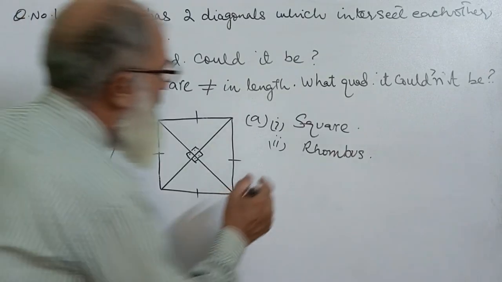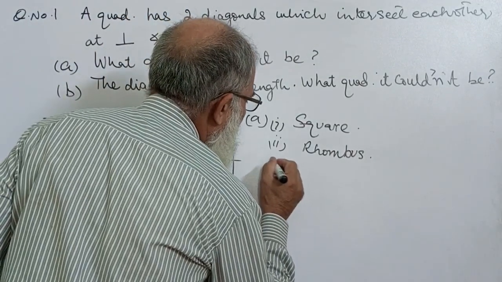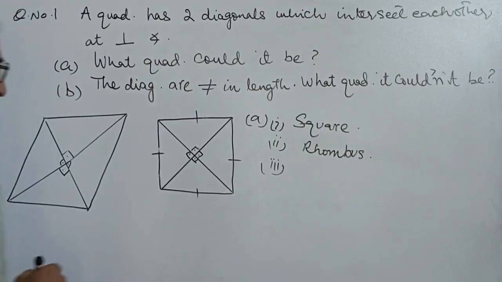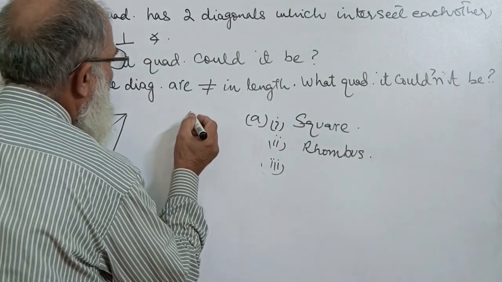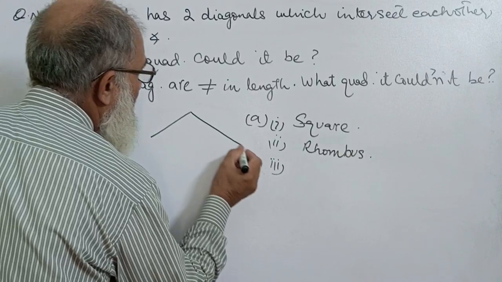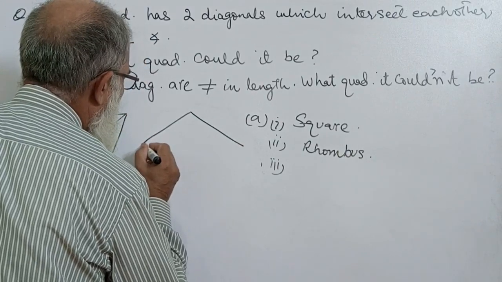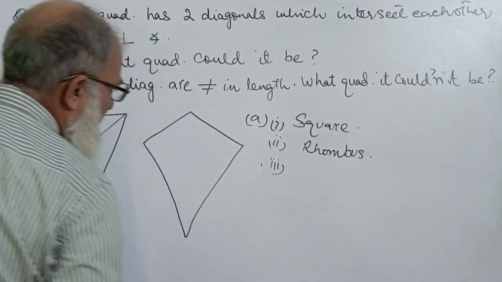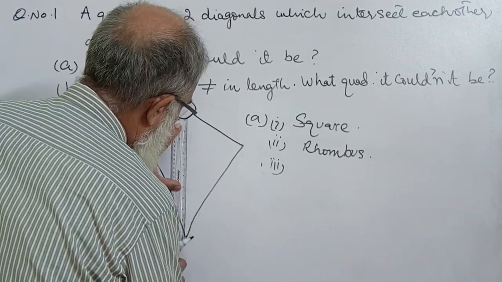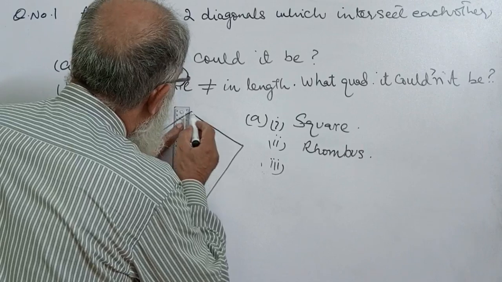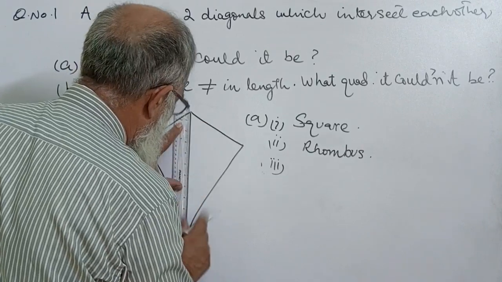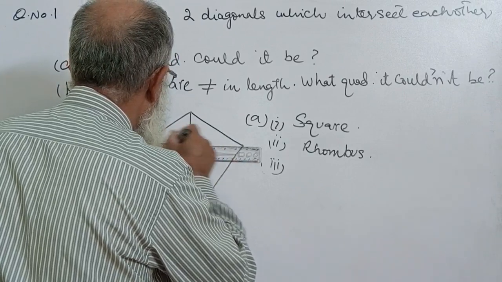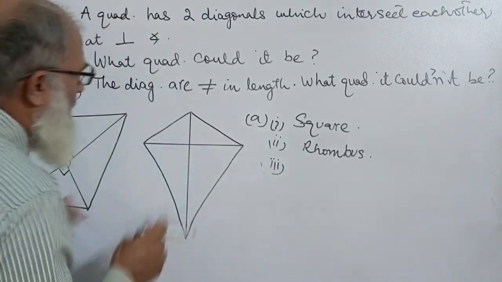There is still one left, and that is number 3. Now I'll make the figure again, and this is your favorite thing, a kite. And if I join the diagonals, you see that these also intersect at 90 degree.